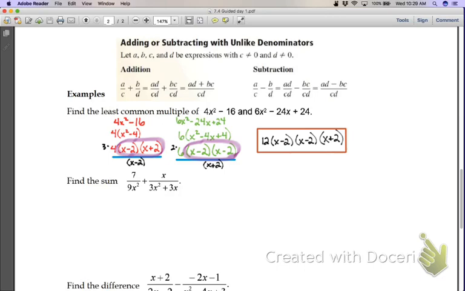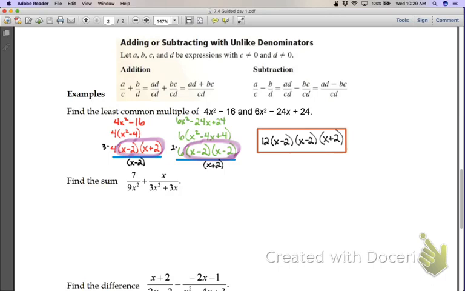3 and 4 is 12. 2 and 6 is 12. So they share that. Does that make sense? So the 3 and the 4, 2 and the 6, they both have 12. The red one had an x minus 2 and an x plus 2. Well, the green one has another x minus 2. It's like little brother, little sister, right?